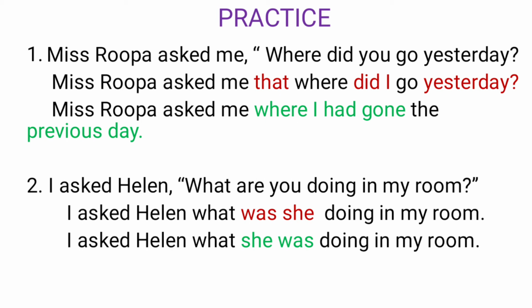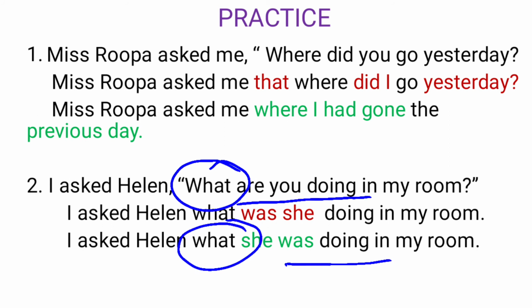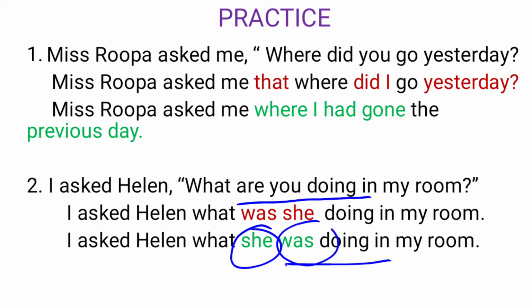I asked Helen, "What are you doing in my room?" Now the question has been asked in present continuous tense, so it will change into past continuous tense. And as the question is beginning with WH, we are going to use the same WH word, followed by subject plus verb.